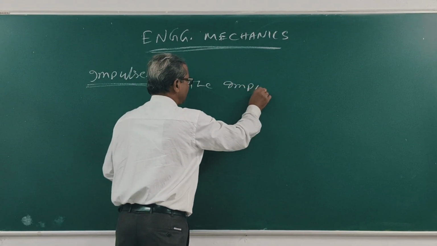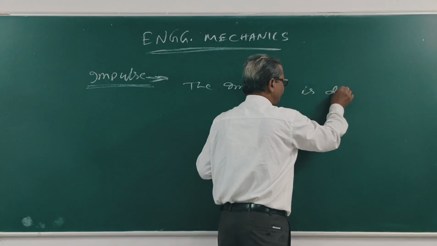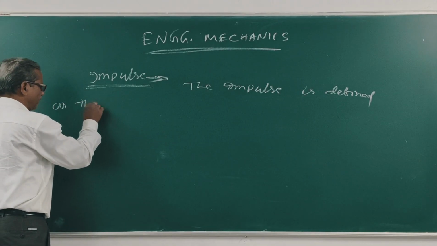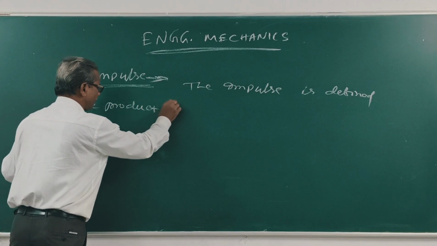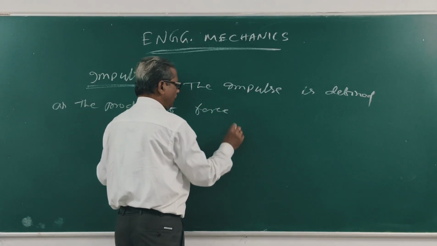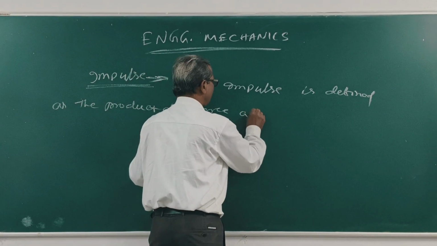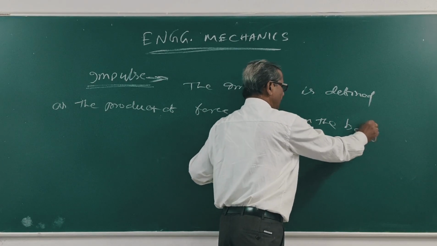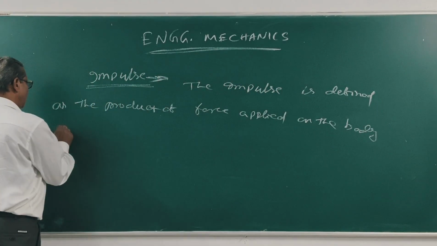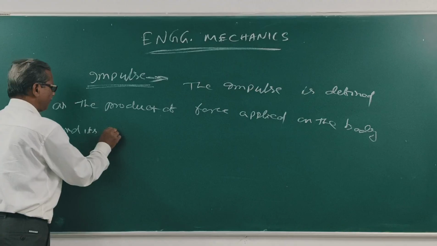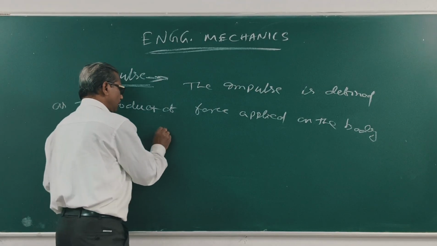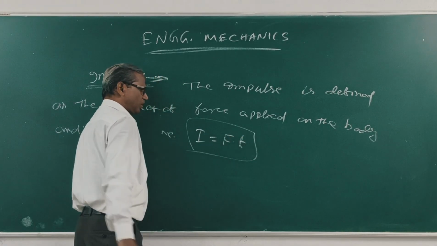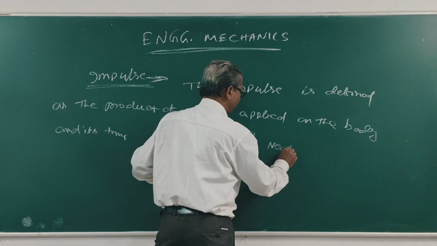The impulse is defined as the product of force applied on the body and its time, that is, impulse I is equal to F into T. What is the unit? Newton second.